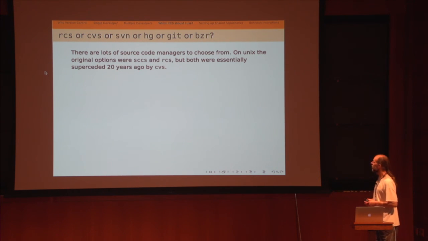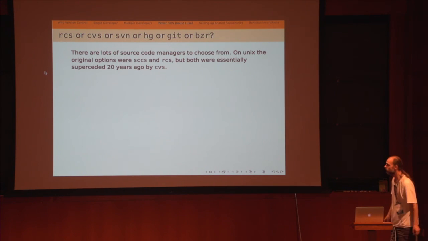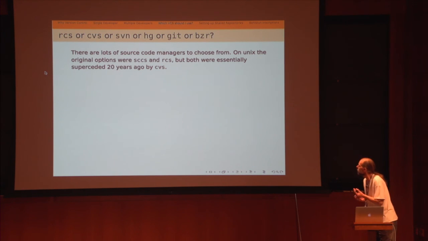RCS, or CVS, or SVN, or Mercurial, or Git, or Bazaar. There are lots and lots and lots of source code managers out there. There are ones you can spend a lot of money for. There are ones that come from Microsoft that don't work and they don't use internally. The choices are enormous. 20 years ago, something called CVS replaced the original traditional things, SCCS and RCS, whose names I now forget.